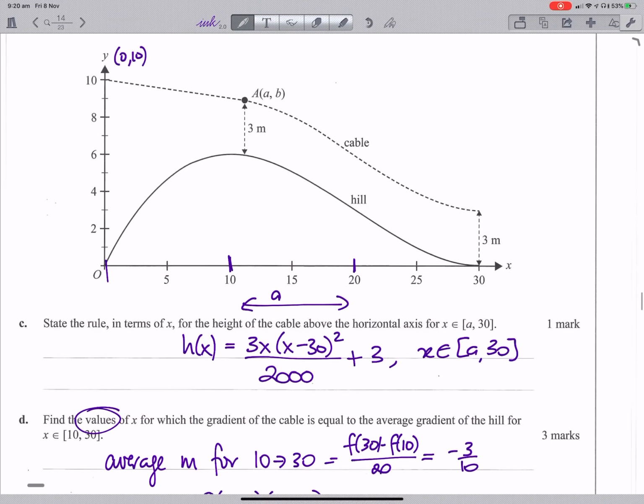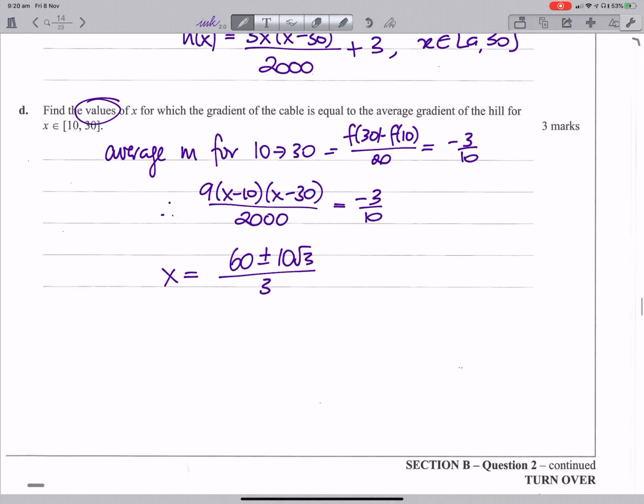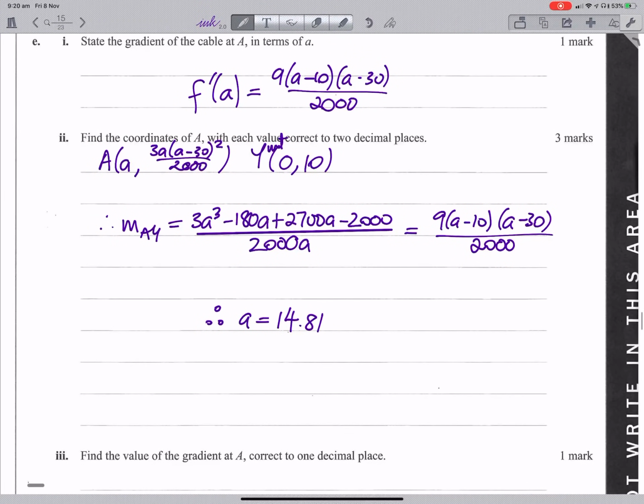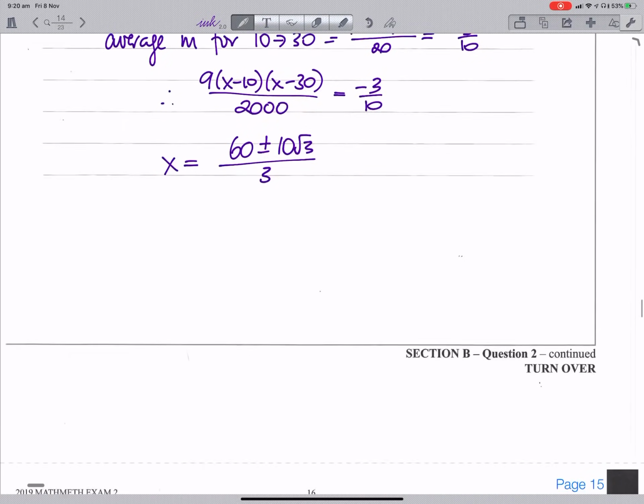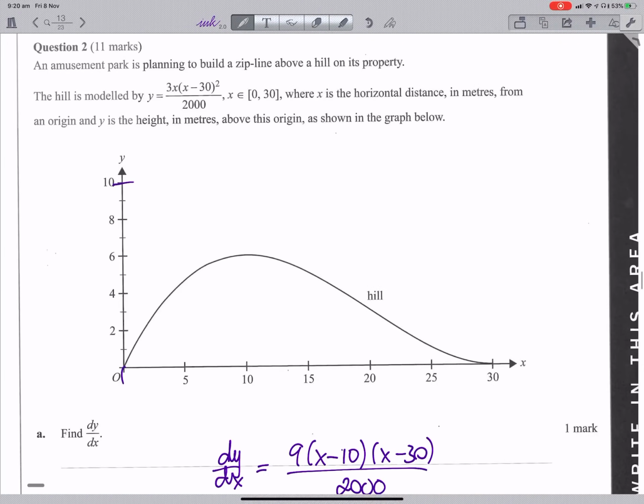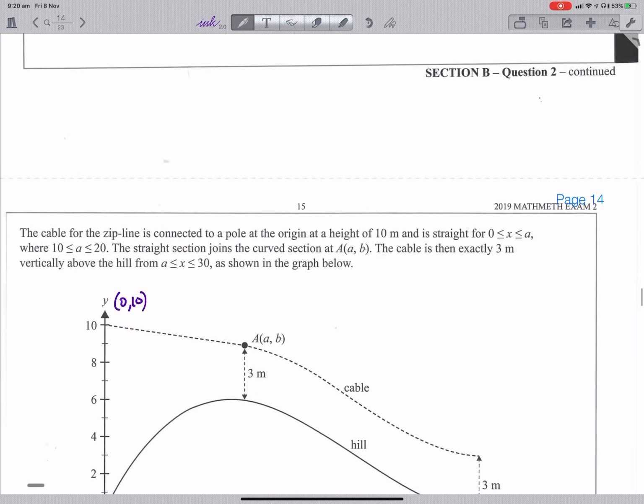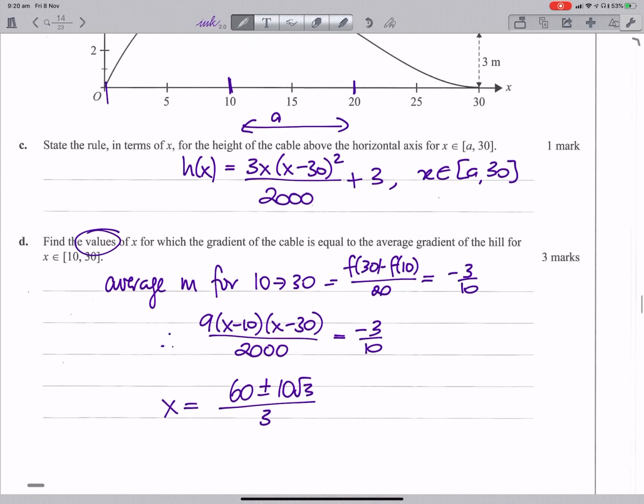So if A equals 14.81, that would, oh, hang on a sec. That's not the right function. I'm using F, but I've got to use H. Where is H?